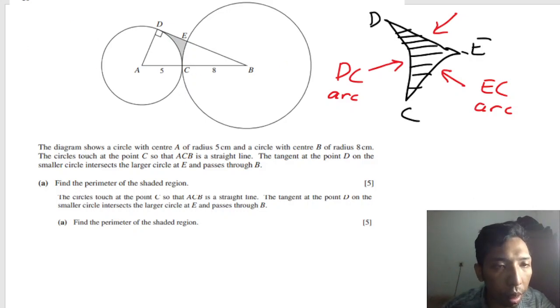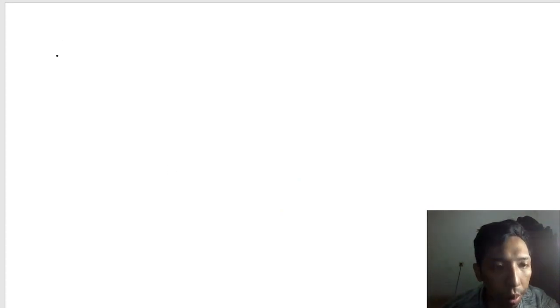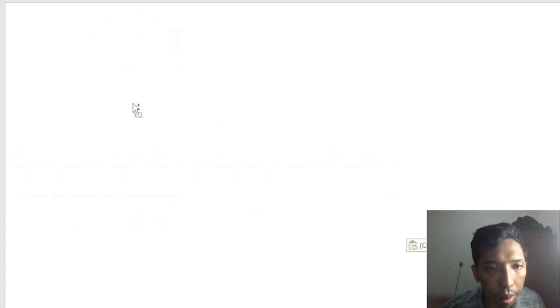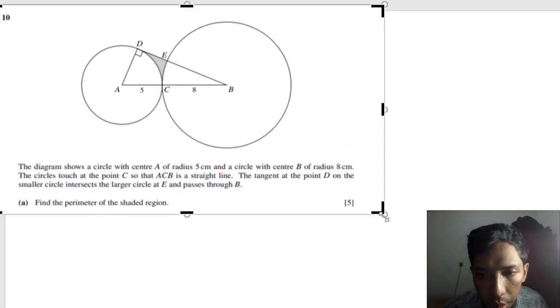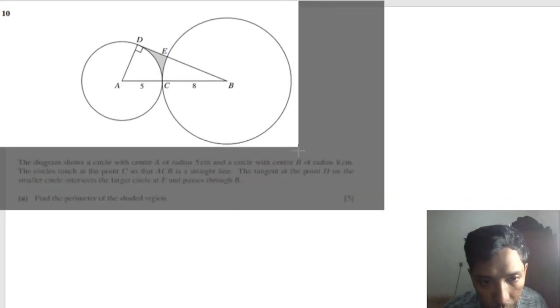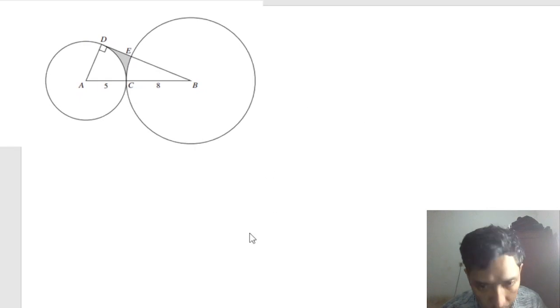Let's try to find DC first. I will copy that and crop it to make more space.